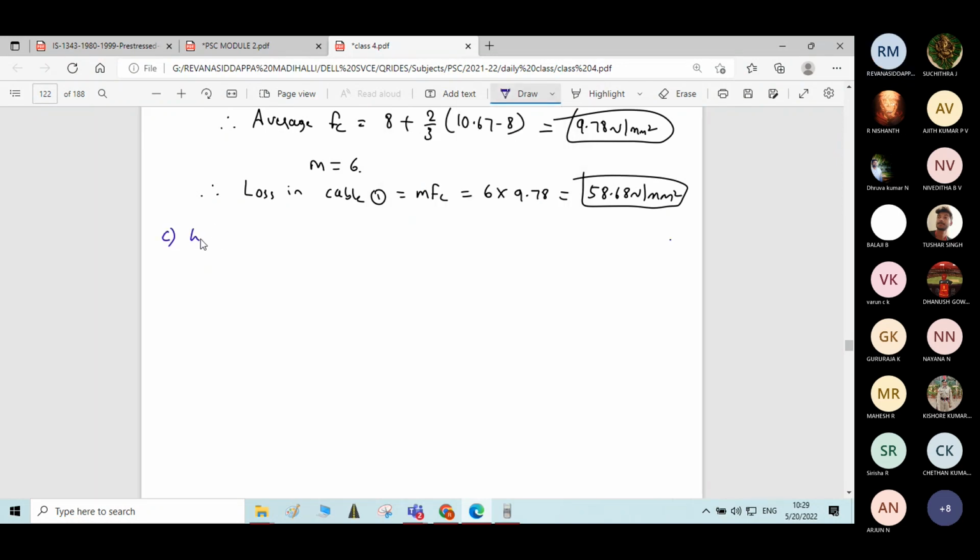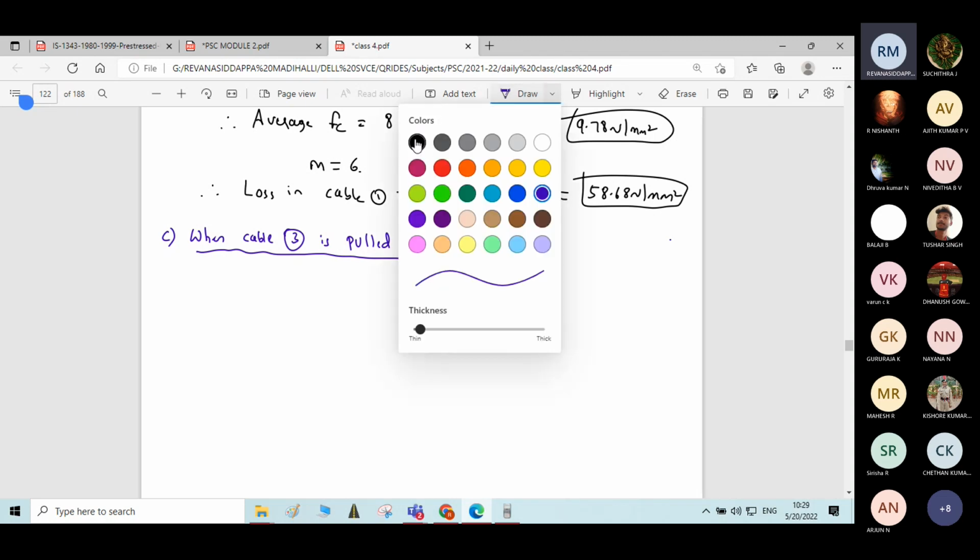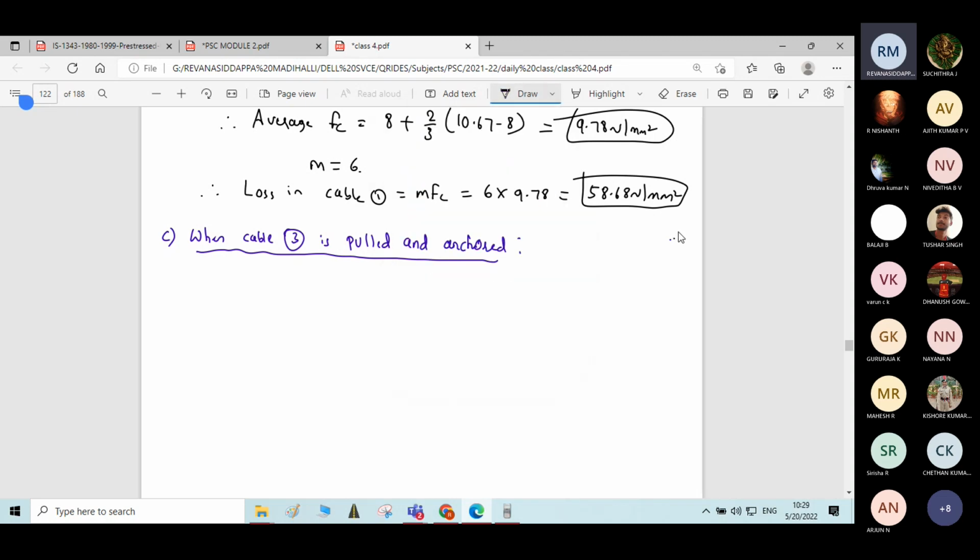When cable 3 is pulled and anchored, you need to calculate loss in cable 3, loss in cable 2 and loss in cable 1.